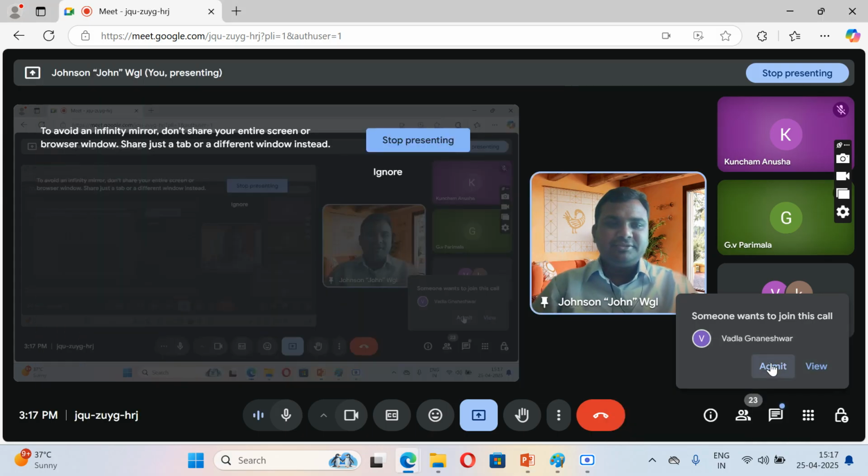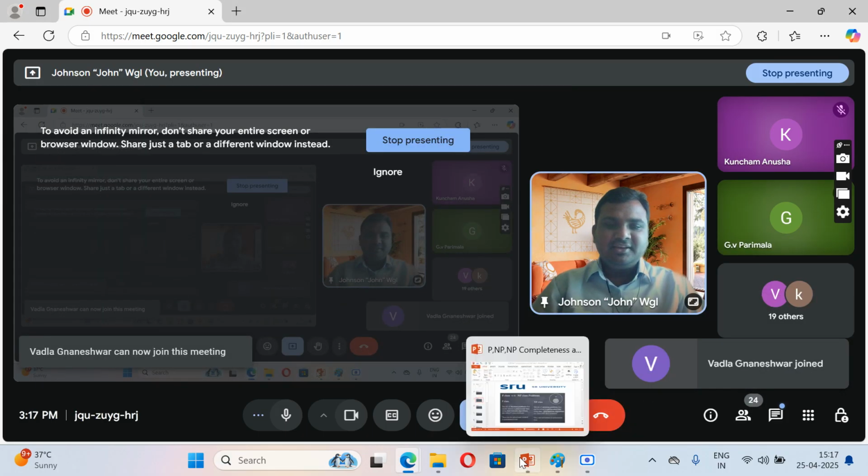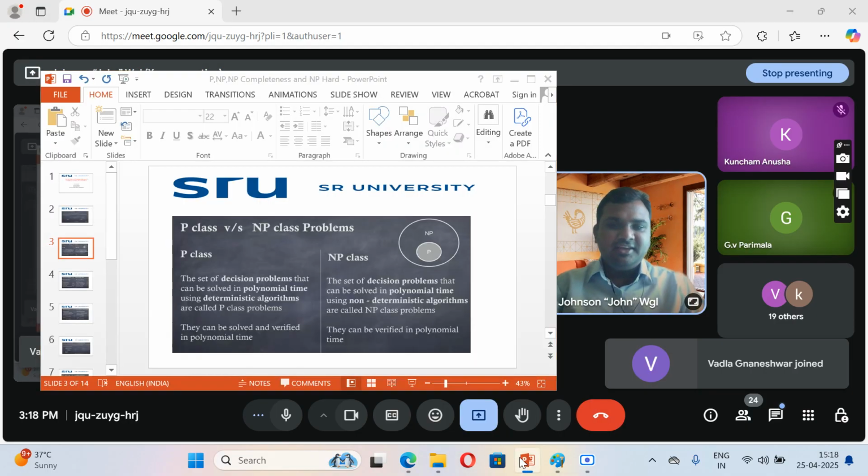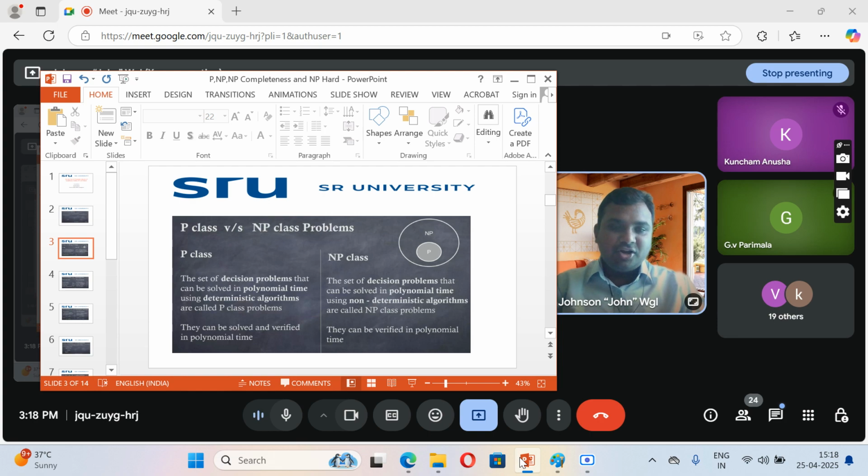Order of 1 is polynomial time, order of log n is polynomial time, order of root n is polynomial time, order of n square is polynomial time.